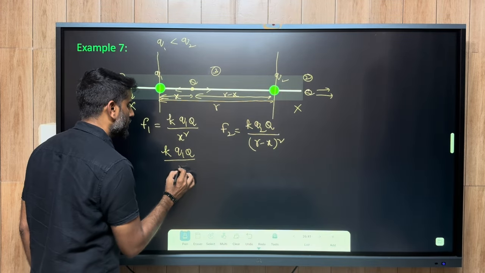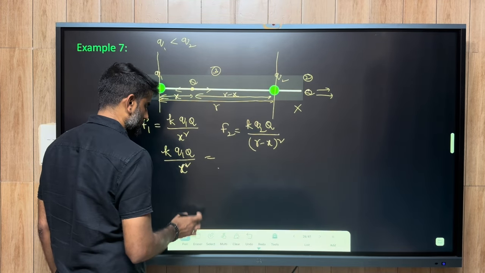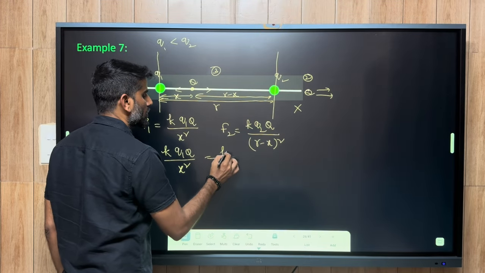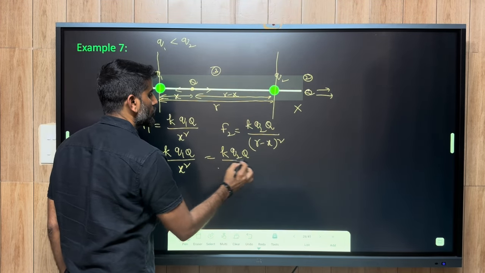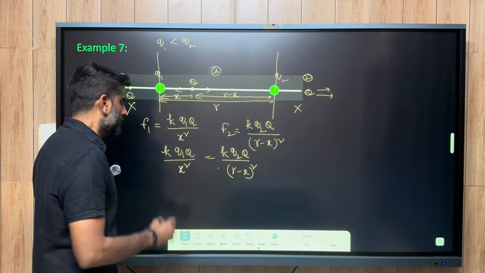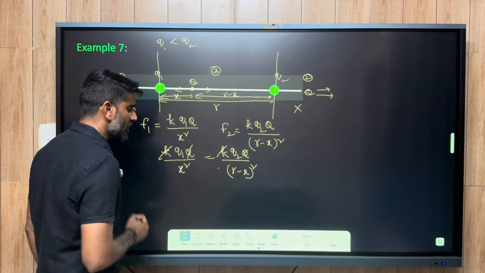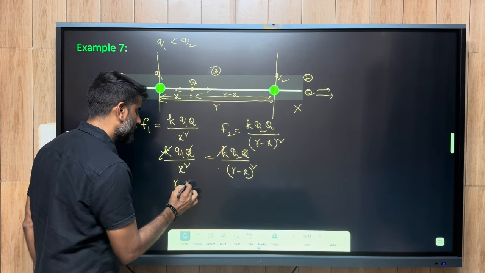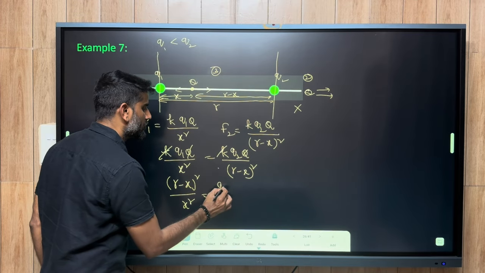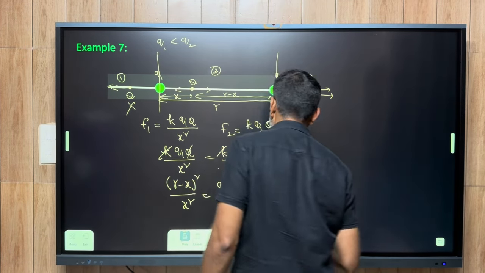So I am writing k q1 q by x square is equal to k q2 q by r minus x whole square. Let's simplify it. K gets cancelled, q gets cancelled. If I rearrange this equation, r minus x whole square by x square is equal to q2 upon q1.